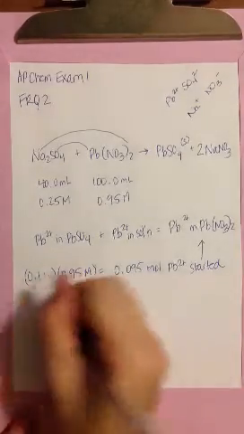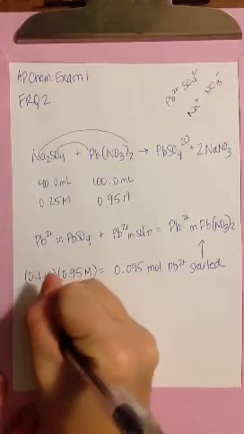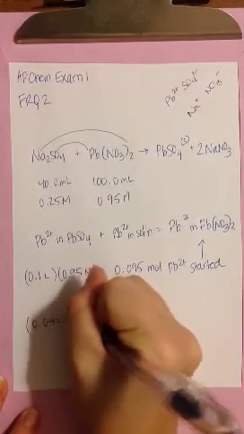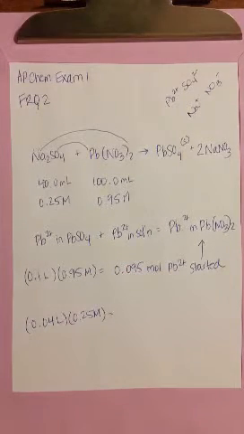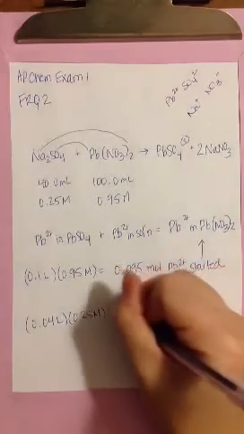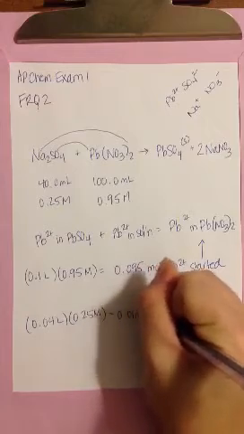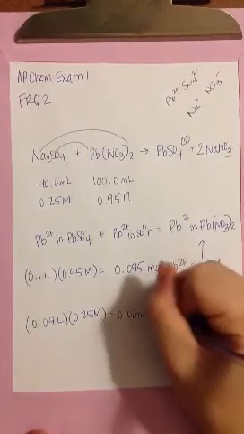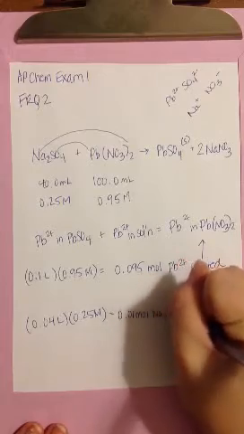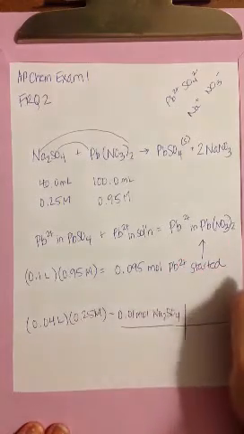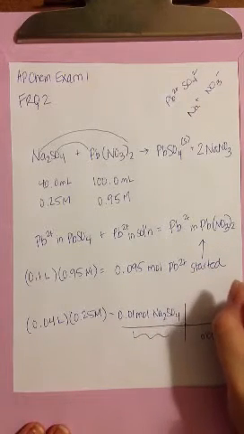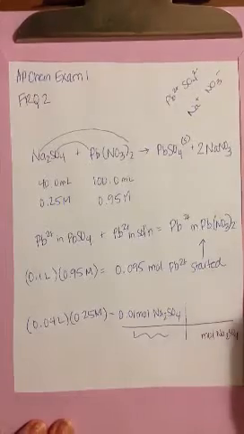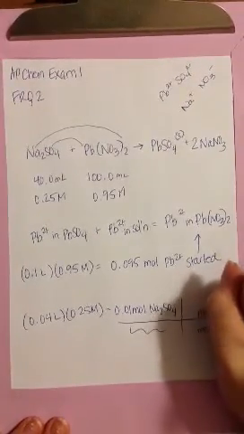So I can just assume that Na2SO4 is my limiting reactant and figure out how many moles of PbSO4 I make. So 40 milliliters is 0.04 liters times 0.25 molar equals, so grab a calculator, I get 0.01, and this is moles of Na2SO4. And then I know when I find moles of PbSO4, that's what I want.